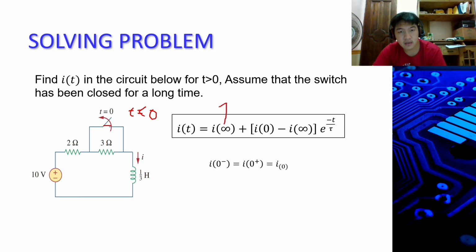Let's find i(∞), i(0), and the time constant, where i(0 negative), the moment before the switch opens, is equal to i(0 positive), the moment after the switch opens, is equal to i(0), since current cannot change instantaneously in an inductor.